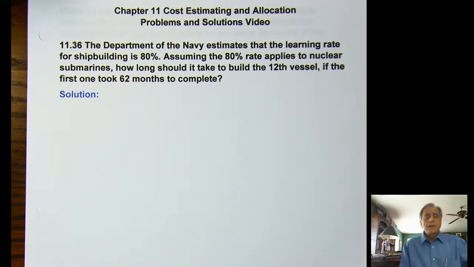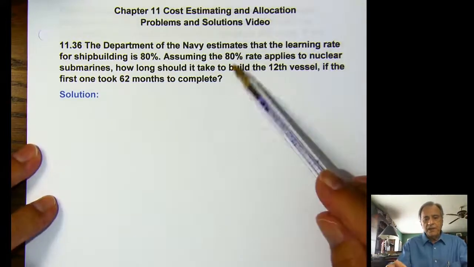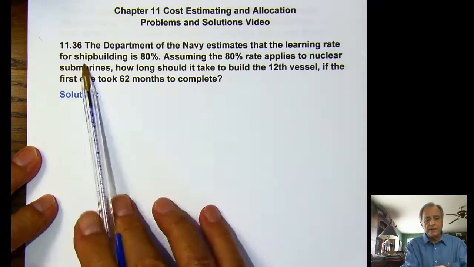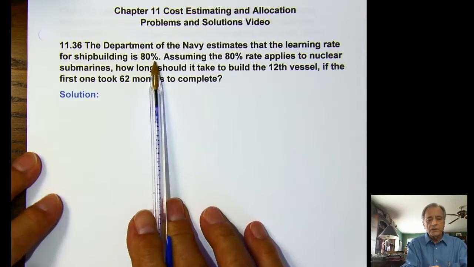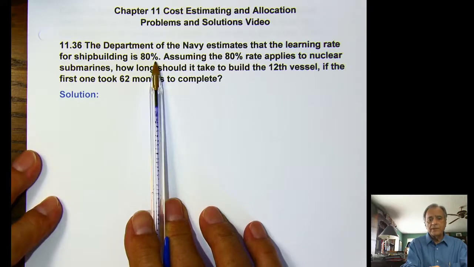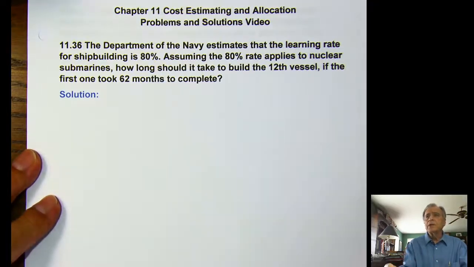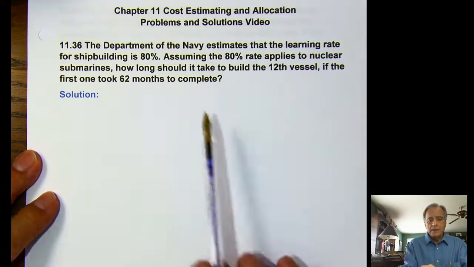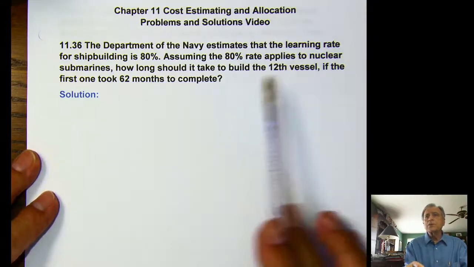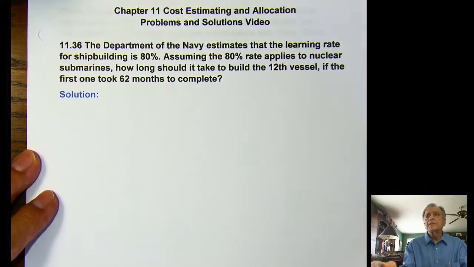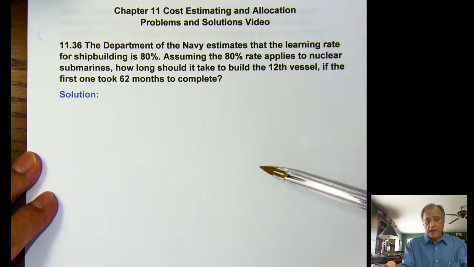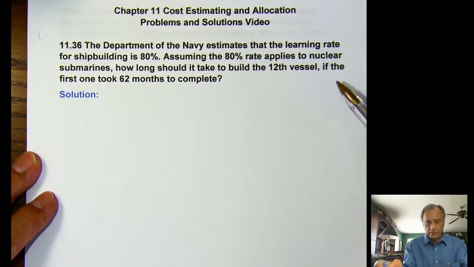So, okay. The Department of Navy estimates that the learning rate for shipbuilding is 80%. Now, what's the learning rate? The learning rate means every time you double production, the cost or the number of hours required to produce that next number is only 80% of the hours for the half number.